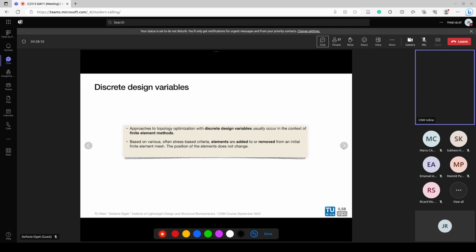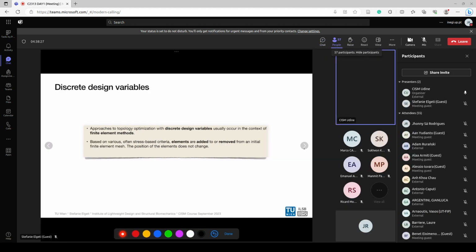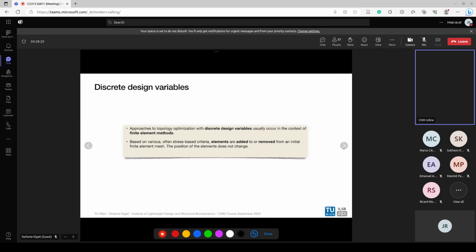So based on various criteria, often stress-based criteria, we add or remove elements from the initial finite element mesh in the sense that we activate or deactivate them. So the position of the elements does not change. The finite element mesh always stays the same, but we can remove some of them in the sense that they no longer contribute to the stiffness matrix.